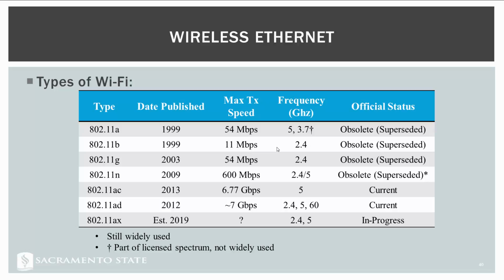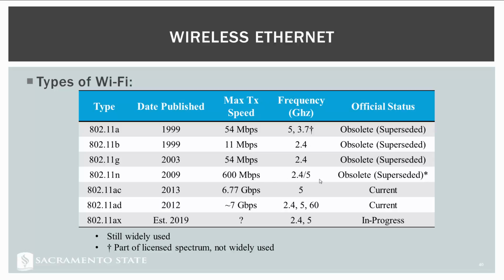And as we move over time, we're starting to look towards 2019-ish for the AX standard is expected to kind of succeed the AC standard as the next main standard. We'll see as that develops on whether it actually works and is faster and how fast they ended up making it.